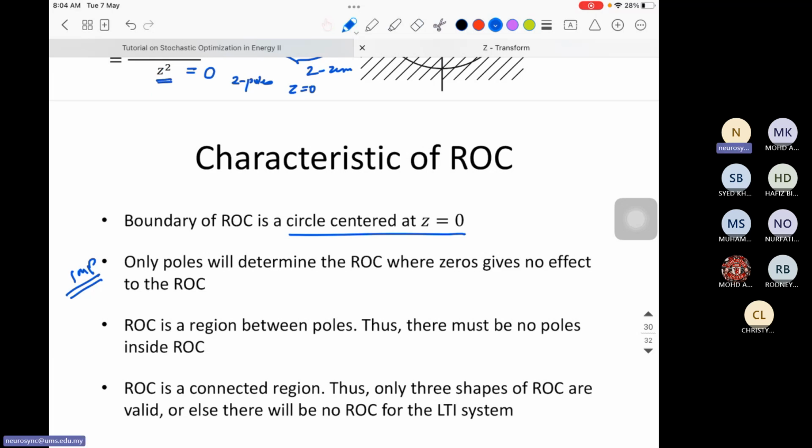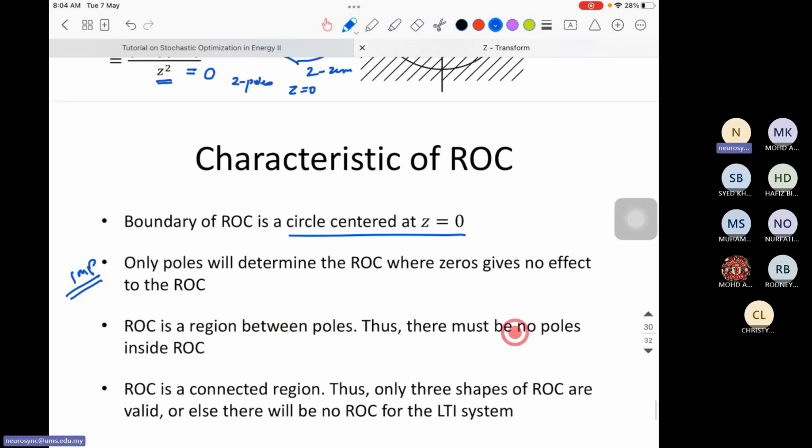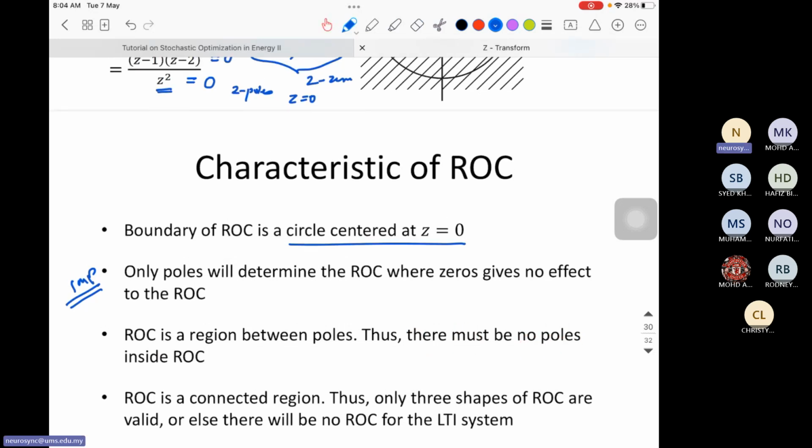The ROC is a region between poles, thus there must be no pole inside the ROC. Inside the ROC, there should not be any pole. The ROC region can be between the poles. Suppose I have poles at these two locations, and this is my ROC.